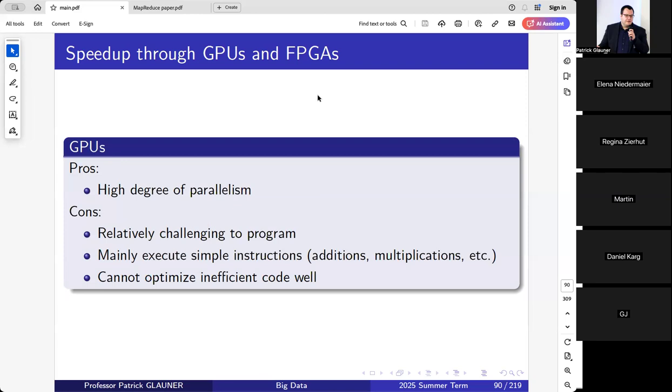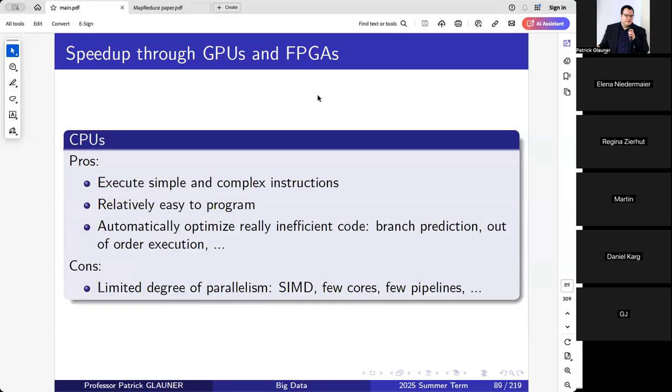They cannot really optimize inefficient code well. So most GPUs don't have much or none at all, like branch prediction, out-of-order execution. Mainly we have a lot of cores, maybe even thousands of cores, but they can only do very, very simple stuff like additions, multiplications, and so forth. So it's actually quite the opposite.